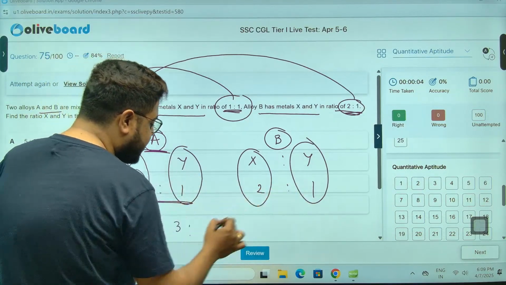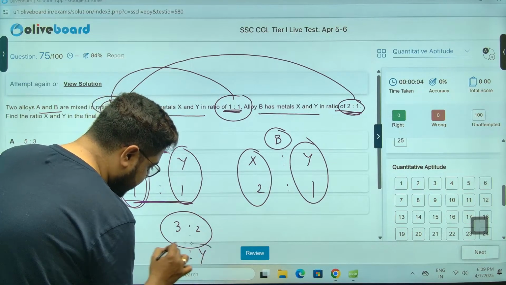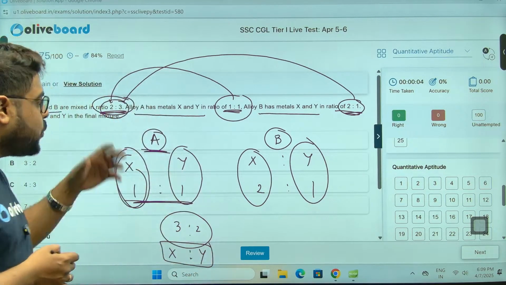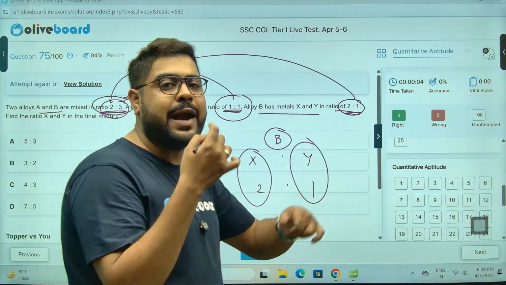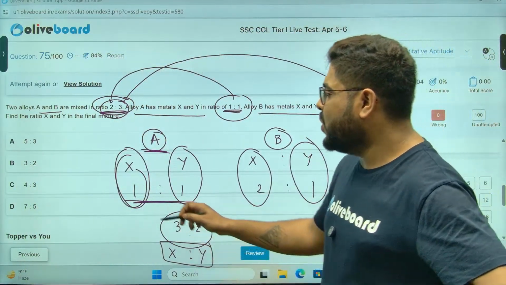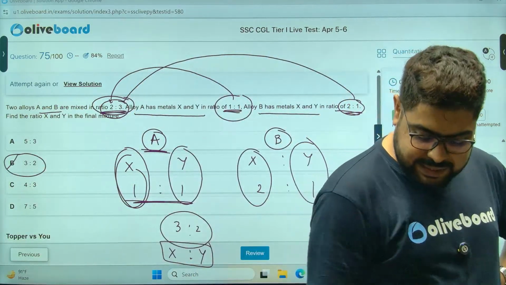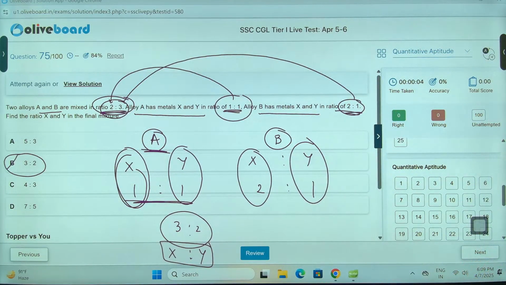Y will be 1 here, 1 here, 2. That is X ratio Y, because total is same. And if total was not same, we could have manipulated the ratio to get it same. So my answer will be 3:2. Option number B, sir. That is most definitely your correct answer.